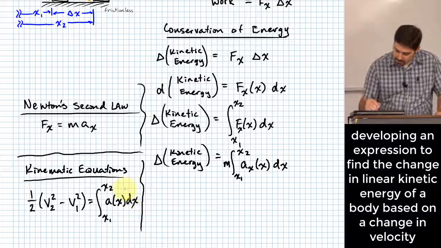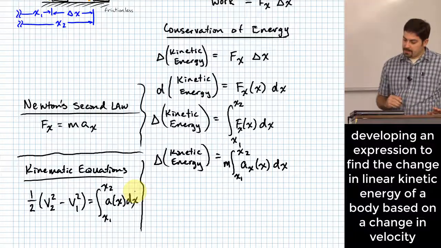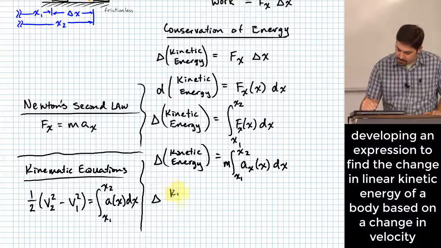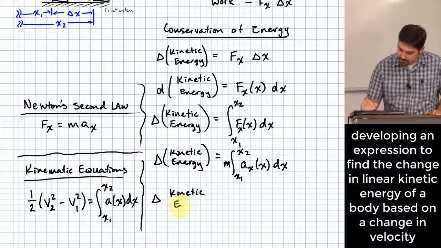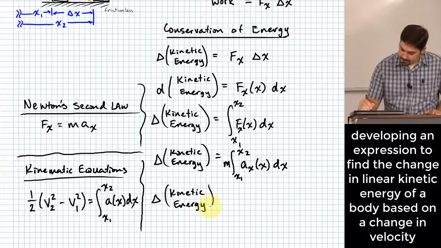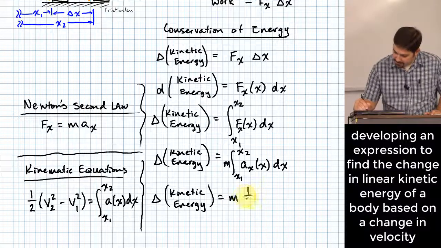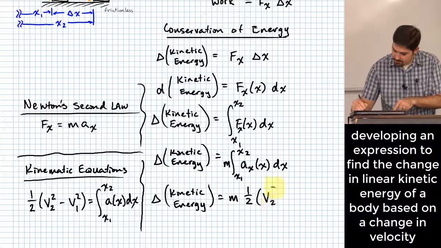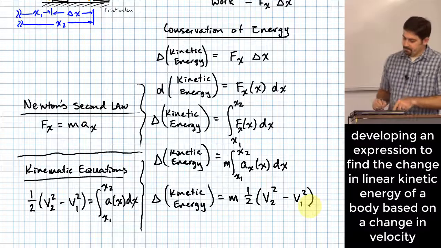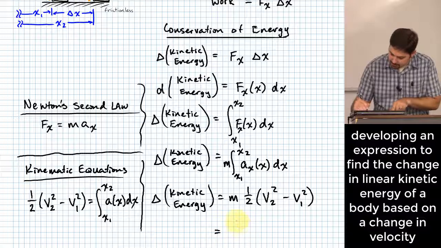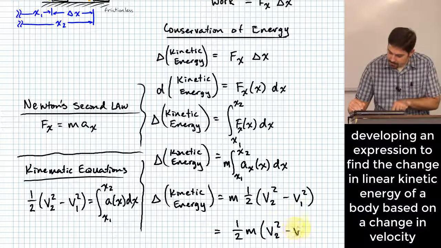Okay, so this relationship now can be applied, and we can say all of that stuff in the integral to the right over there, this change in kinetic energy, is going to be equal to m times 1/2 v2 squared minus v1 squared. Or, as is more common to write it, we usually write it like 1/2 m v2 squared minus v1 squared.